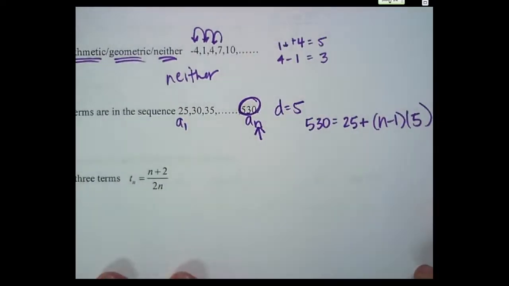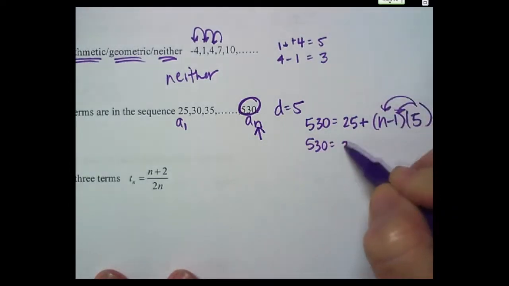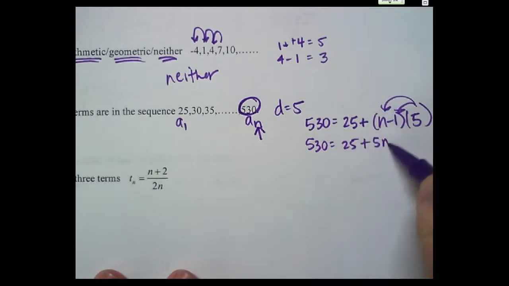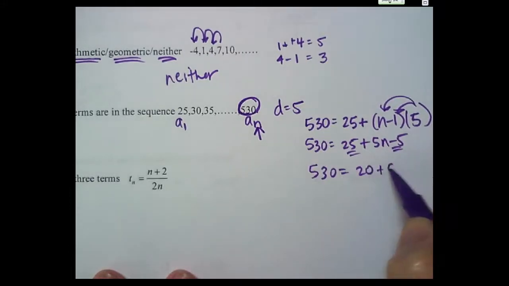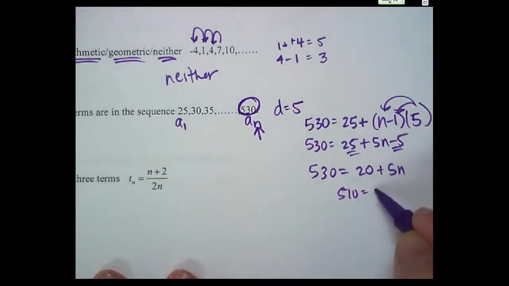You guys see that? Okay, so now then I'm going to FOIL this. So 530 equals 25 plus 5n minus 5. These two go together, so 530 equals 20 plus 5n. Subtract the 20, which is 510. So 510 equals 5n.